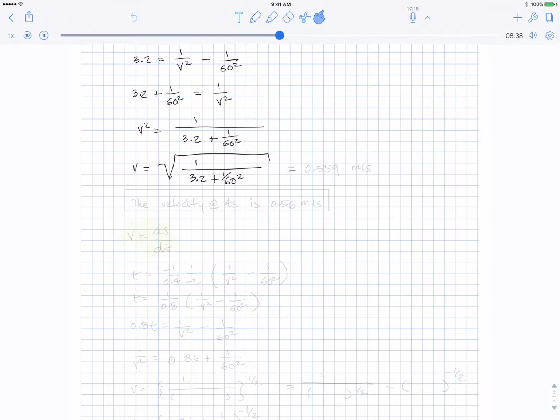And then the square root of all that. 0.559. These are meters per second, I believe. Yes. Okay, so the velocity at 4 seconds is 0.56 meters per second. Now box that.